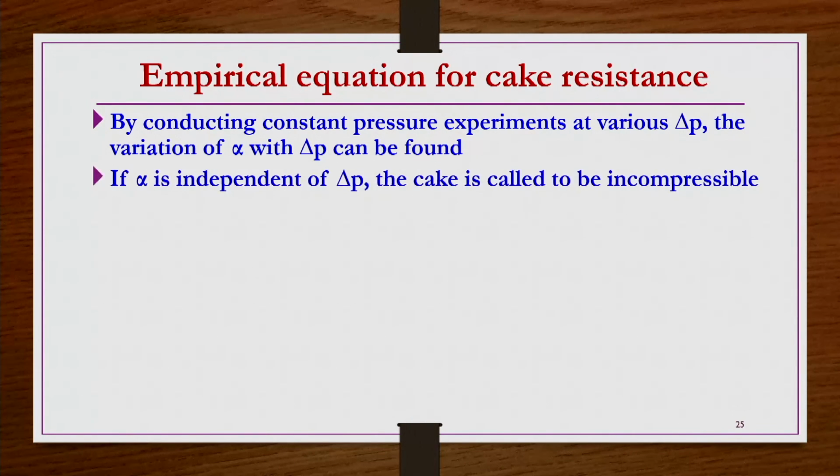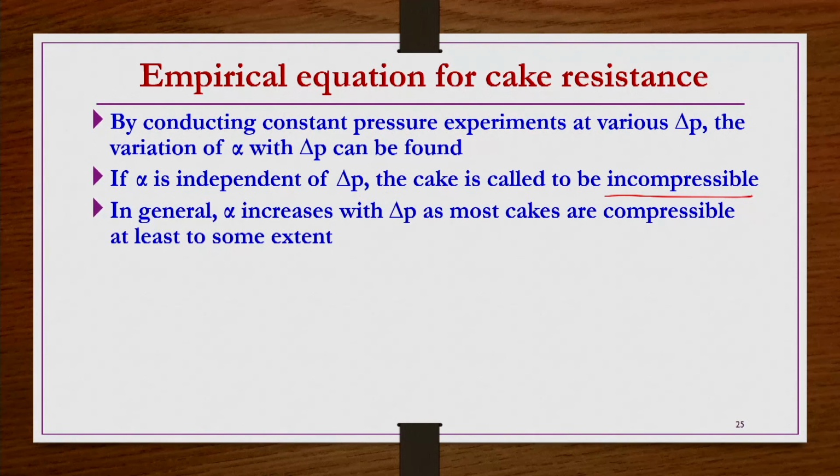As I already mentioned, if alpha is independent of delta P, then the cake is said to be an incompressible cake. In general, alpha increases with delta P, as most cakes are compressible at least to some extent.